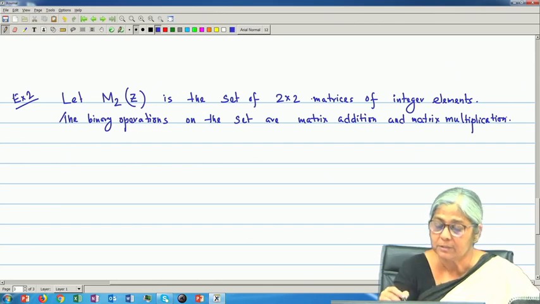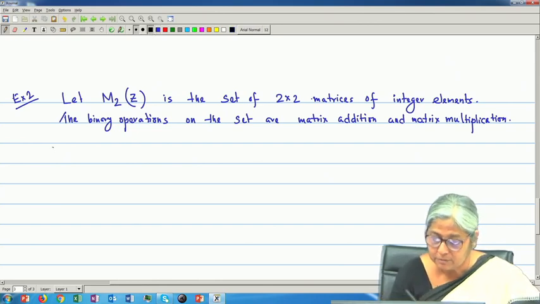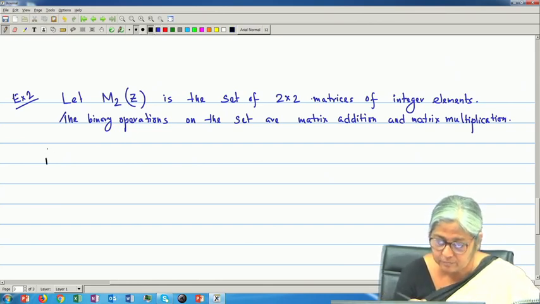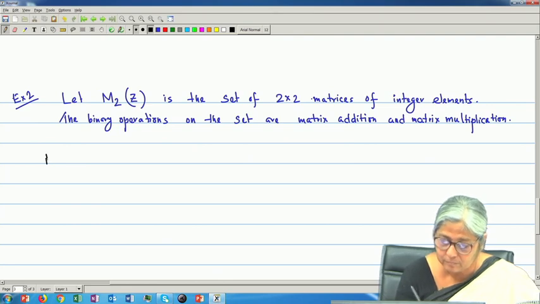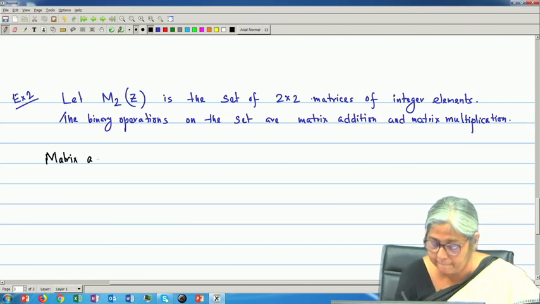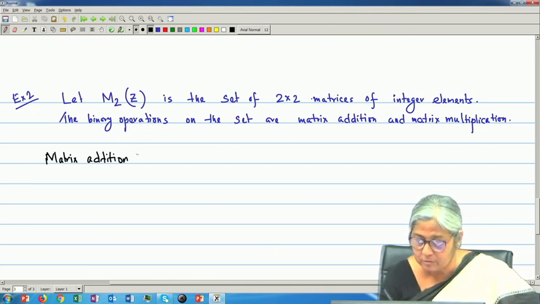So, quickly we see what matrix addition is.